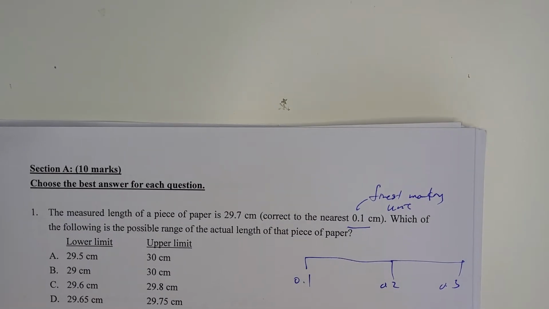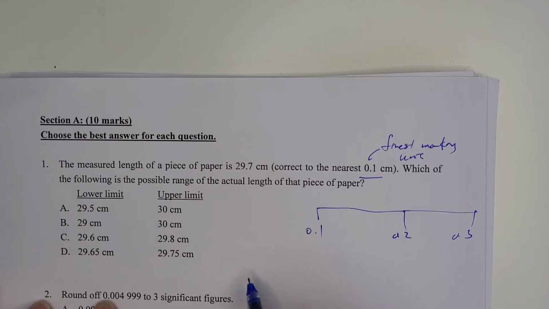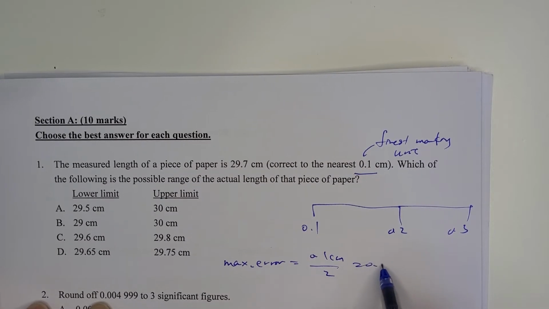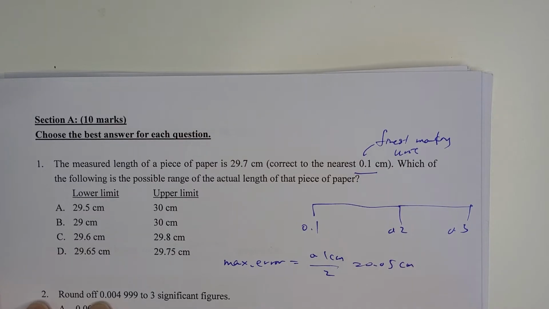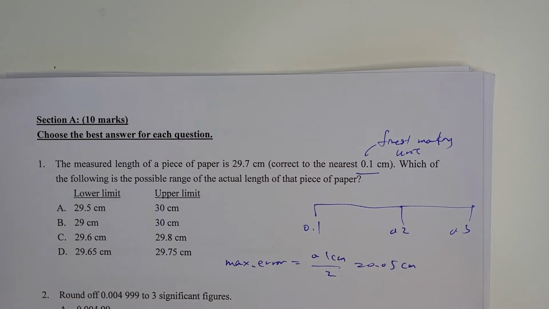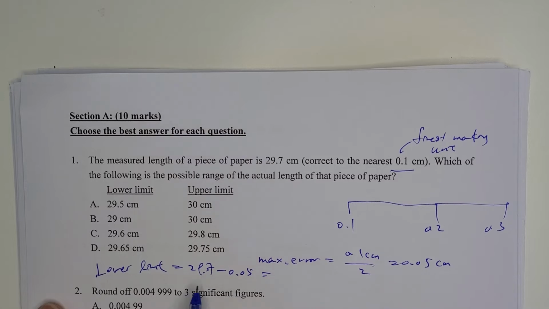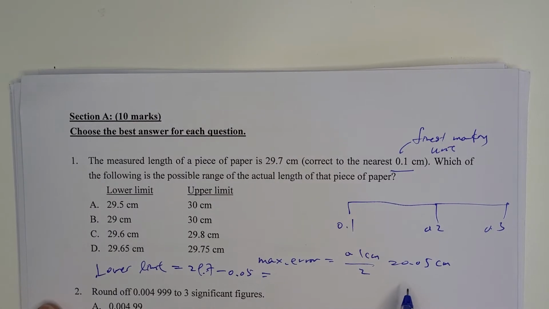Okay, first of all, you need to find the maximum error. That is the finest marking over 2. So that is 0.05 cm. And then for you to find the lower limit, that is the measured value minus the maximum error.